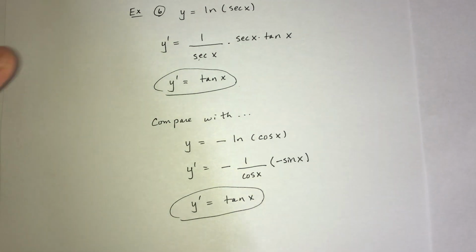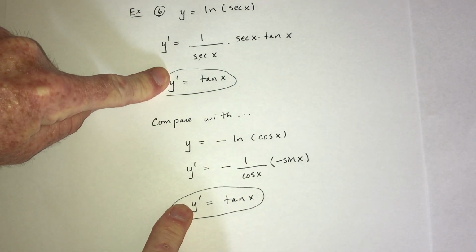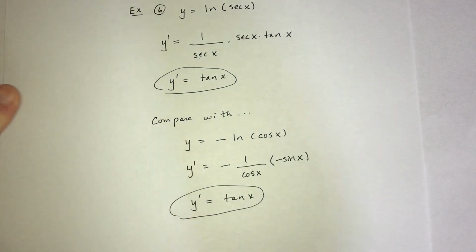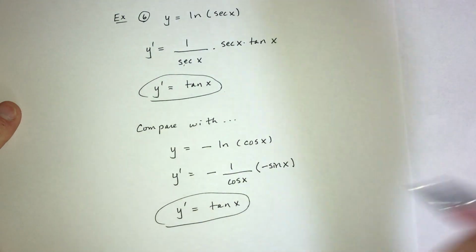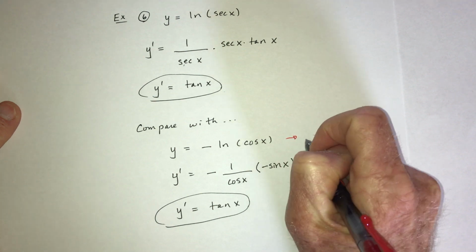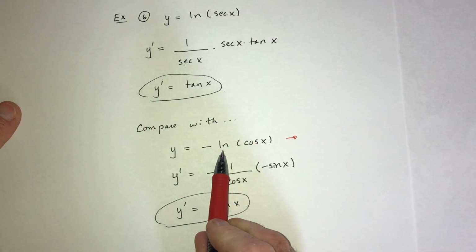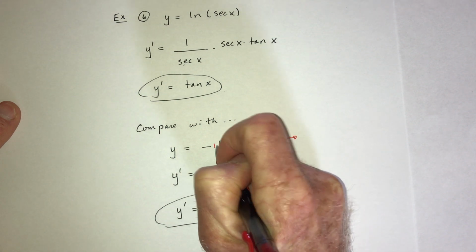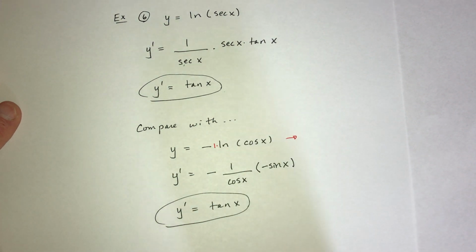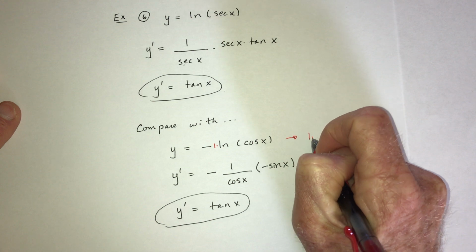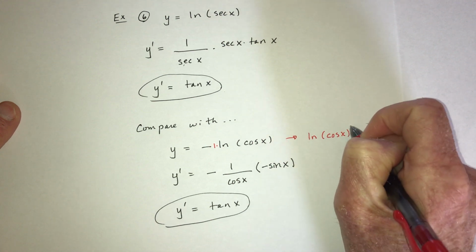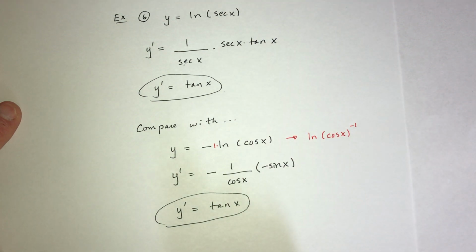So it turns out the answers are the same. Were the questions the same? Well, actually, they are. Because with this one right here, this is a negative 1, so you could look at that as negative 1 times natural log of cosine. And then you could rewrite it like this: natural log, and then cosine of x is raised to a negative 1.